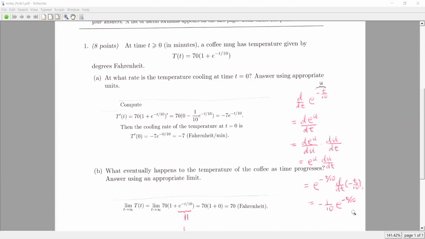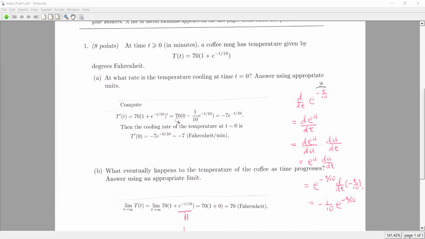This is the result of this derivative. If you are familiar with the chain rule, you can skip this step, and this step. Directly from here, jump to here.